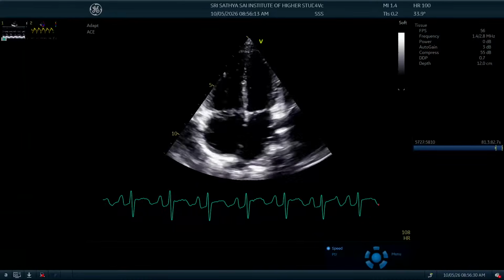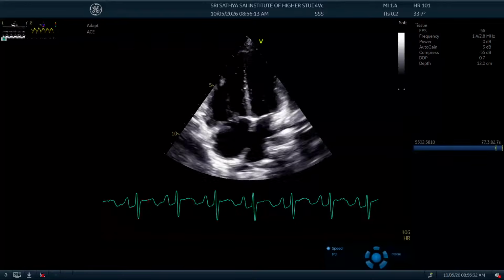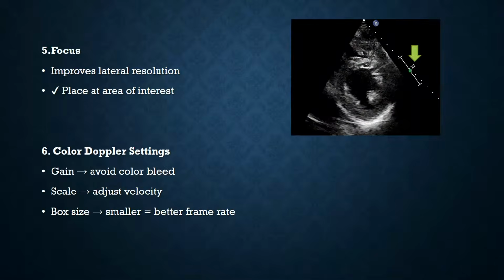Coming to the focus: it narrows the ultrasound beam at a specific depth to maximize image detail. The benefit of focus is it improves the lateral resolution, the ability to distinguish two structures. Anybody could tell what is lateral resolution? Axial resolution, lateral resolution. Lateral resolution is the ability to distinguish structures side by side.